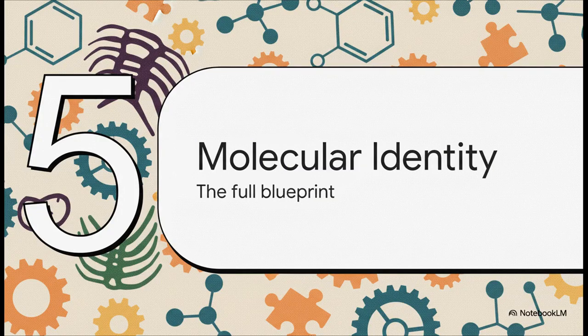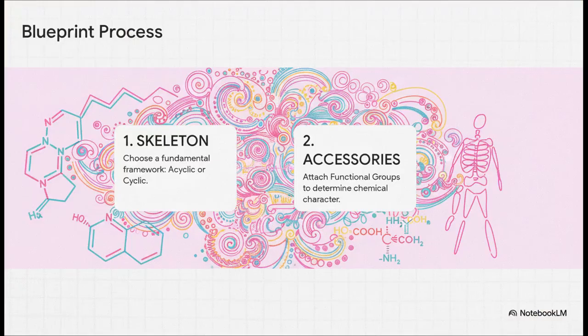Okay, so we've got our two main concepts, the foundational skeleton and the modular accessories. Now let's combine them to see the full picture and understand the complete identity of any organic compound. It all just boils down to a simple two-step process. First, you identify the skeleton. Is it an open chain, a heterocyclic aromatic ring? That's your foundation. And second, you add the accessories. What functional groups are attached to it to give it that specific character?